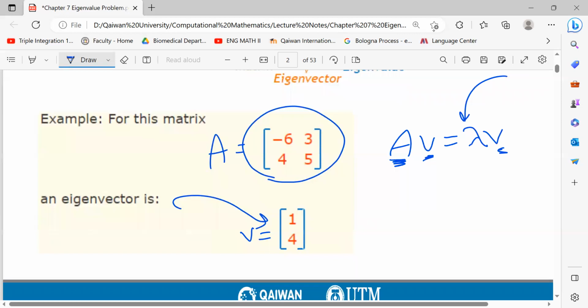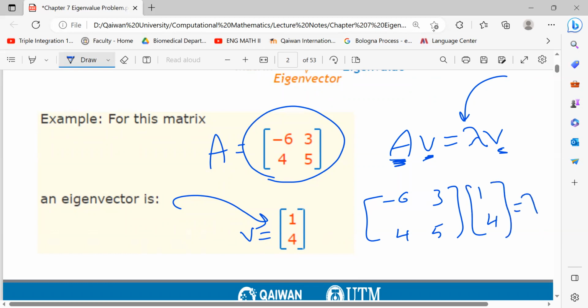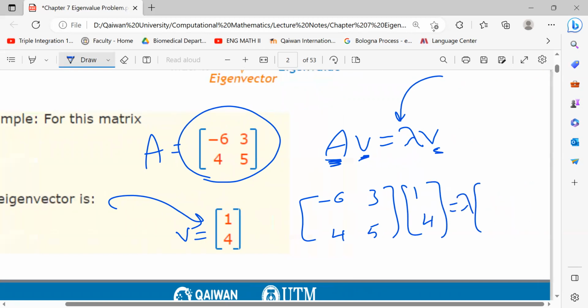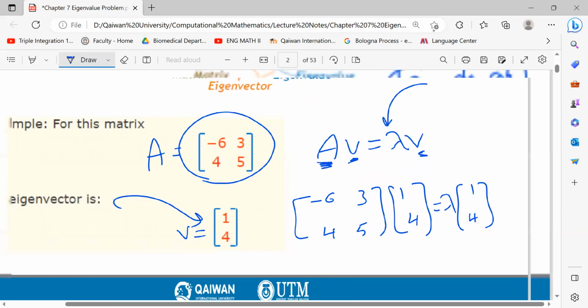Now, we say A is this matrix, which is -6, 3, 4, 5, times the eigenvector, which is 1 and 4. This equals lambda times the eigenvector, which is 1 and 4. These two must be equal.